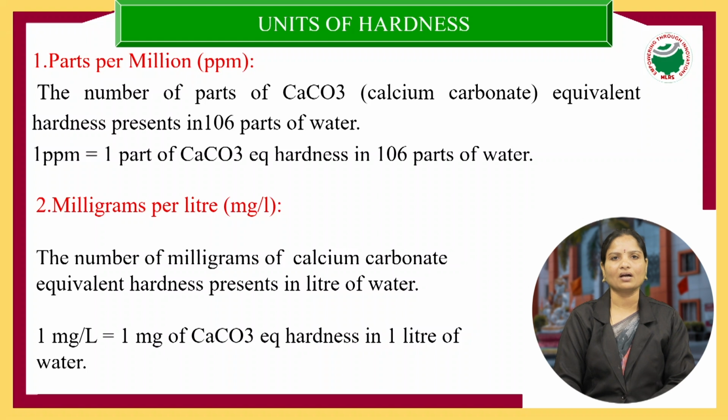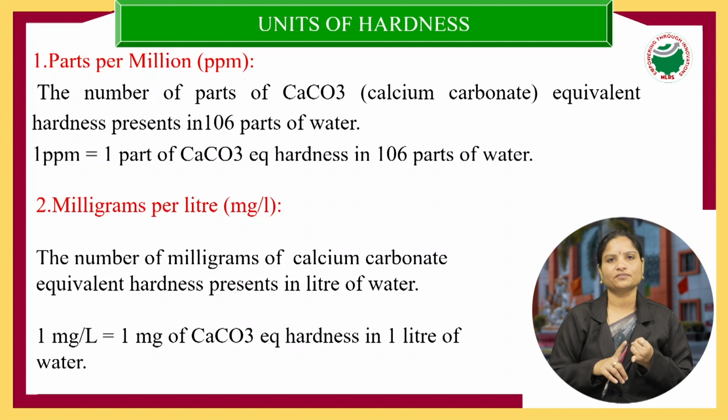The units of hardness are parts per million (ppm), milligram per liter, degree Clark and degree French. ppm means parts per million, that is 10 power 6 parts of water.